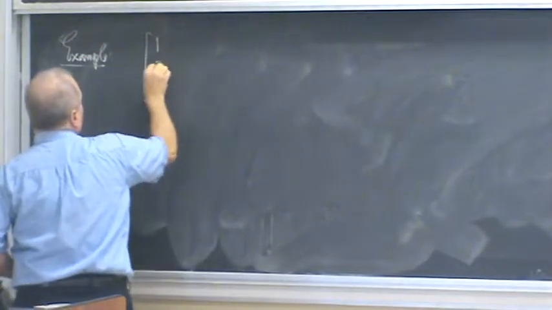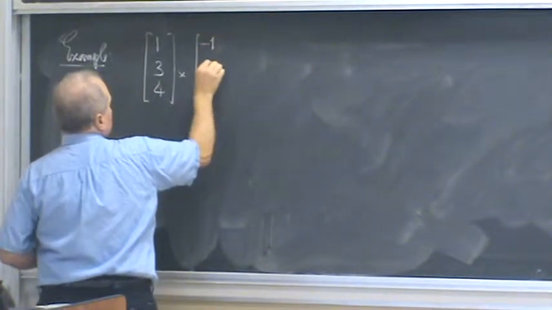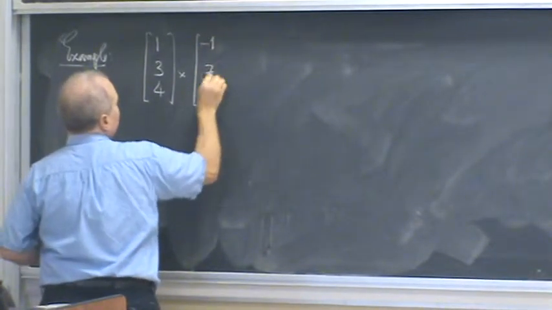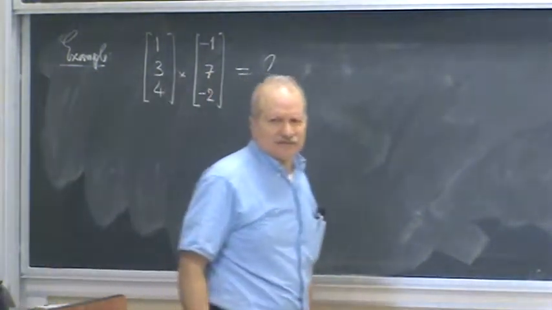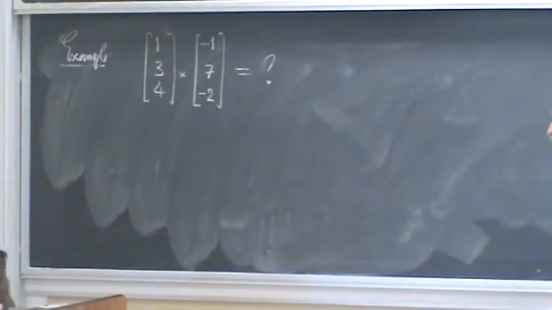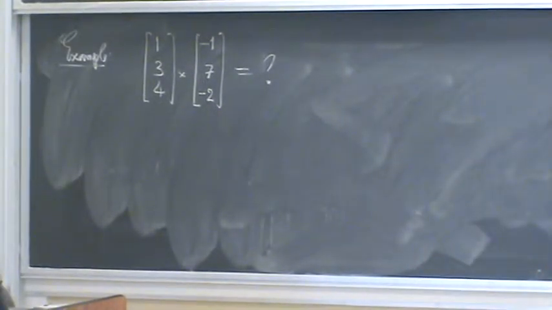What is the cross product of (1, 3, 4) with (-1, 7, -2)? So either write stuff down or do it in your head, but one way or the other, I want you all to do the answer. I can give you the answer.